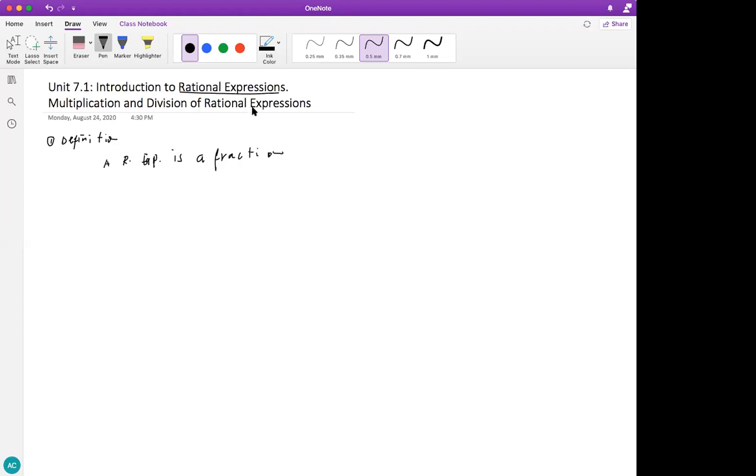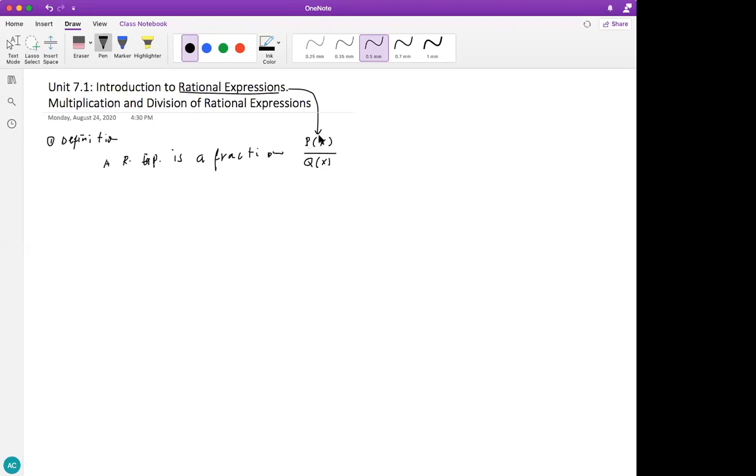The only thing that distinguishes these fractions from the regular ones like 2 over 3 or negative 1 over 5 is that these fractions are made with polynomials. So it's a fraction made with a couple of polynomials, for example, polynomial p over polynomial q. This is basically what a rational expression is.